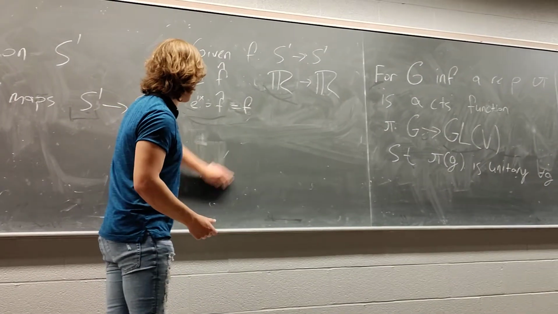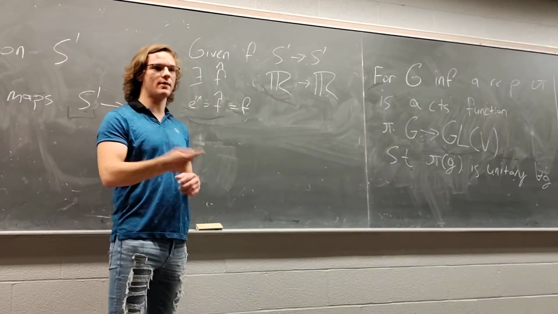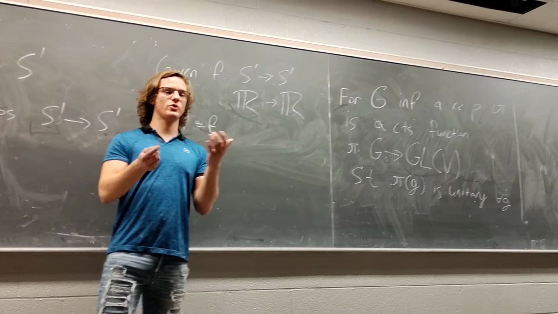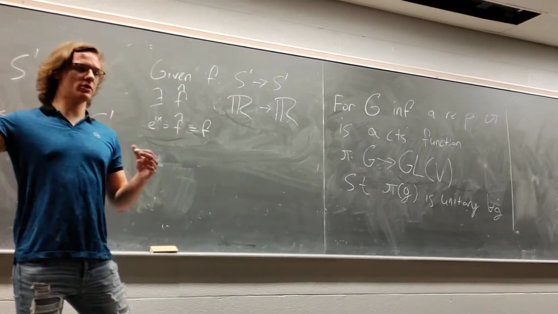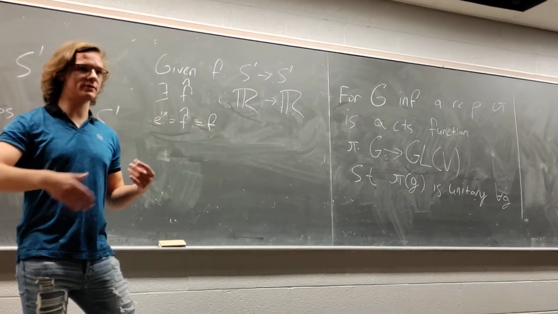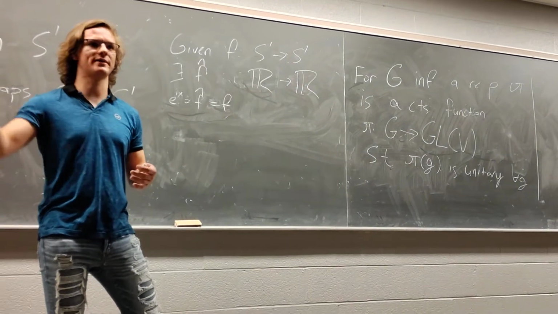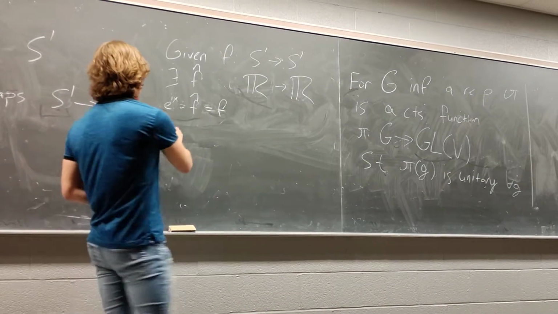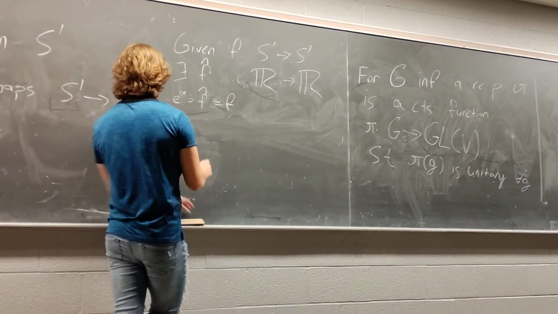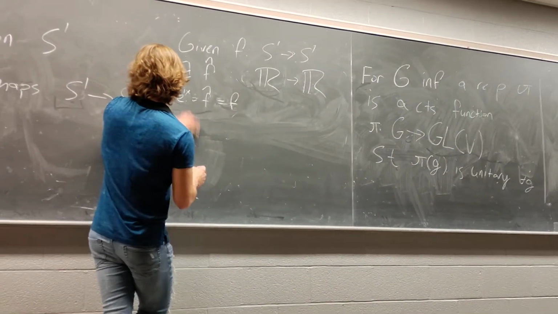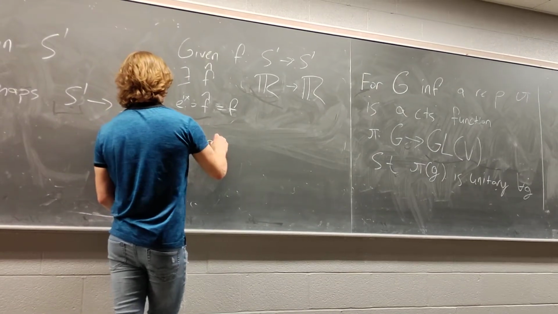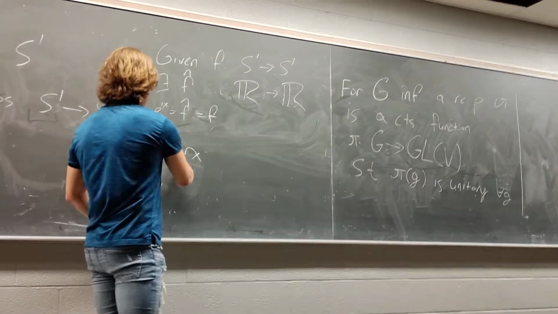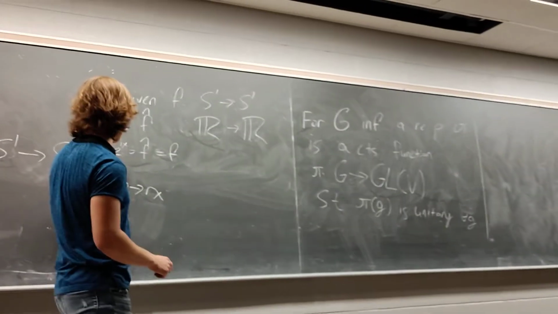And we know that 0 had to be sent to some integer multiple of 2π. And so every integer must also be sent to an integer multiple of 2π, and then that tells us where all the rational numbers go, and that tells us where everything goes. And so really, our only choices for homomorphisms from R to R are scalars, where x gets sent to Rx, where R here is going to be an integer.